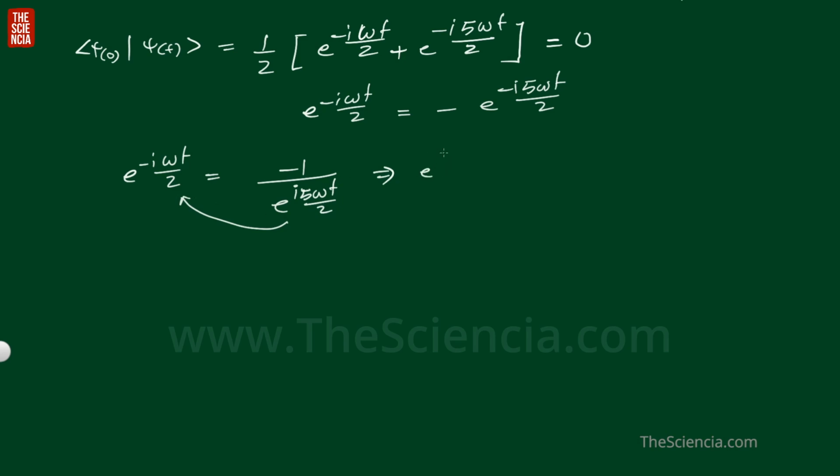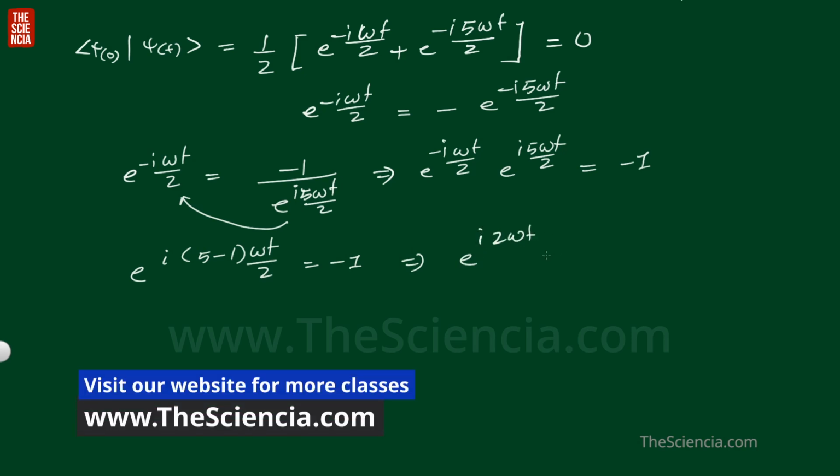So we get e raised to minus i omega t by 2 into e raised to i 5 omega t by 2 equal to minus 1. That is, e raised to i into (5 minus 1) omega t by 2 is equal to minus 1. That is, e raised to i 2 omega t is equal to minus 1.